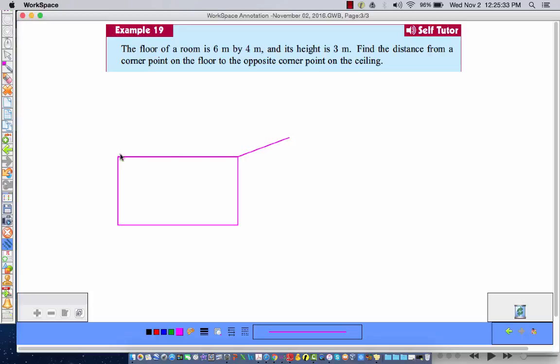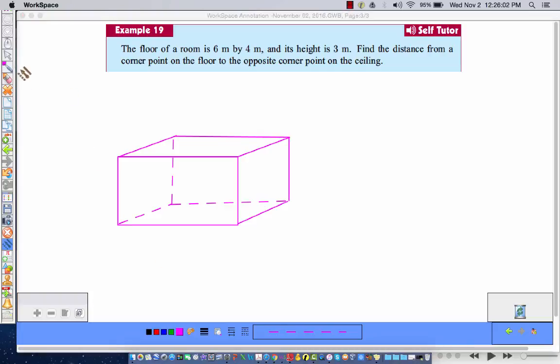Doesn't have to be perfect. And then I'll change this to dash to do the hidden lines, like maybe here in the back, here up top, and then here.